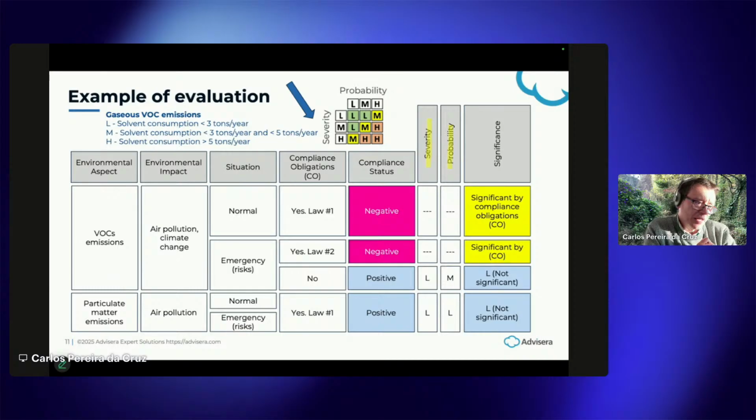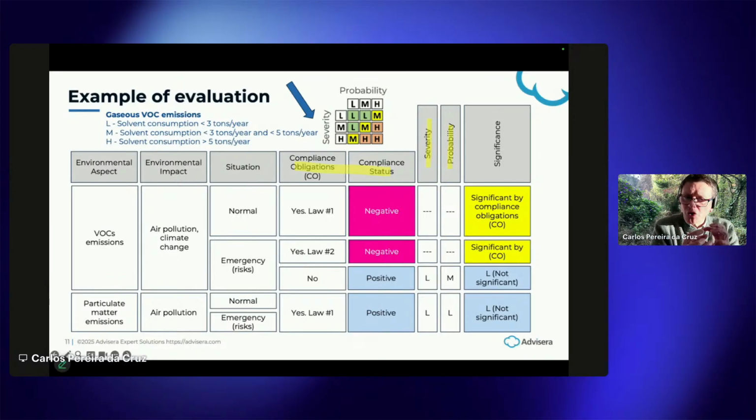Then legal or compliance relevance: whether laws, permits, or obligations apply, and whether we comply with them, yes or no. What I don't have here, but many organizations also use, is control or influence, your ability to manage or influence the impact across the life cycle.